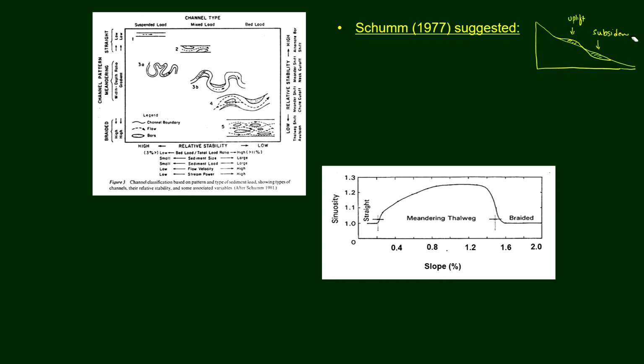So, depending on what channel pattern you have in the upper reaches, and while it is crossing the portion which has been affected either by the uplift or subsidence, depending on that, suppose you are having, for example, straight, so you may see a different pattern over here in the channel, and then further downstream you will have a different pattern.